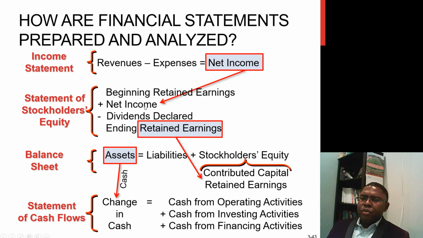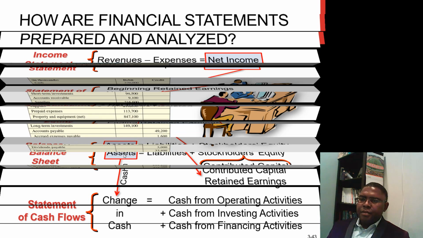Net income is going to move to the statement of stockholders' equity. Any retained earnings is going to move to the balance sheet, and the change in cash in the statement of cash flow is going to go to the asset side of the balance sheet.